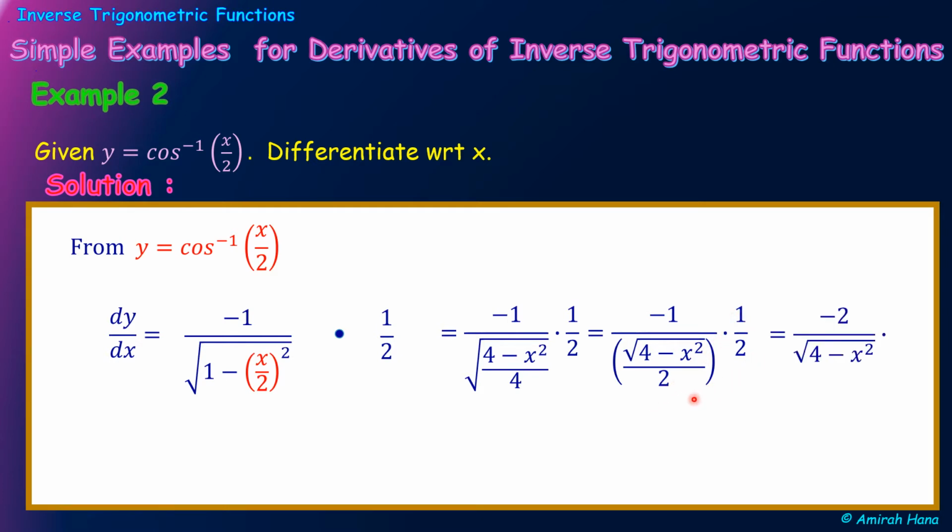Then we can simplify. After we divide -1 over a fraction, we can move the 2 up to the numerator. So we get -1 over square root of 4 minus x squared times half, and after that we can simplify the 2. The final answer equals -1 over square root of 4 minus x squared.